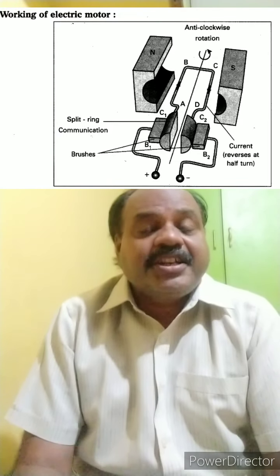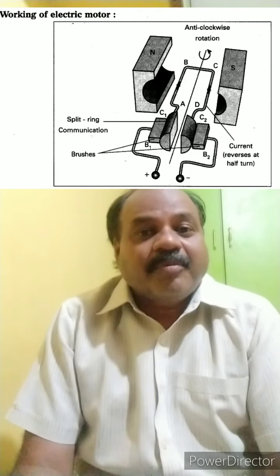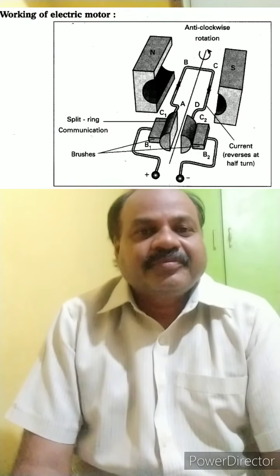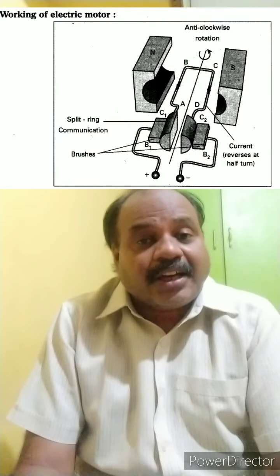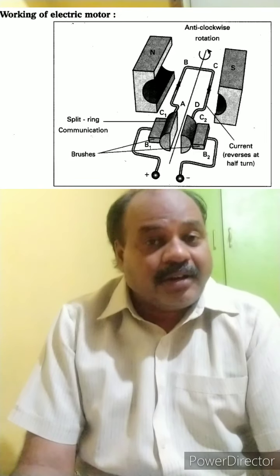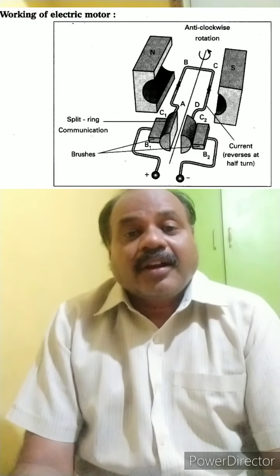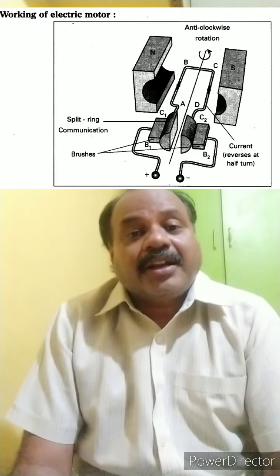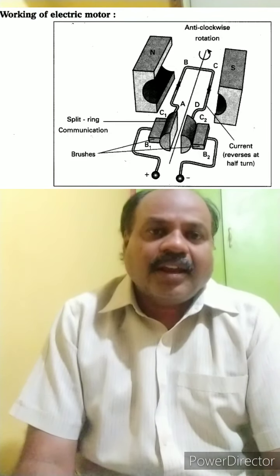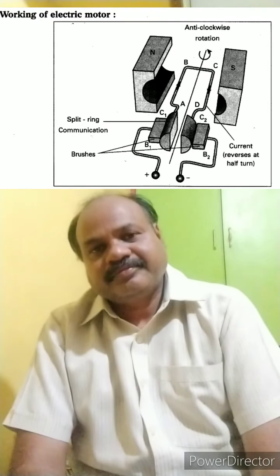They are arranged beside the slip rings. A copper wire is connected through C1, C2 and B1, B2 to a battery. This is simply its construction.